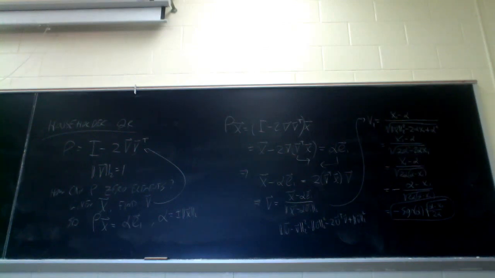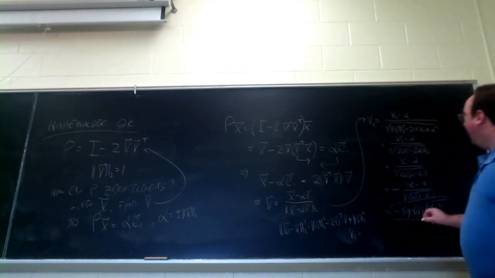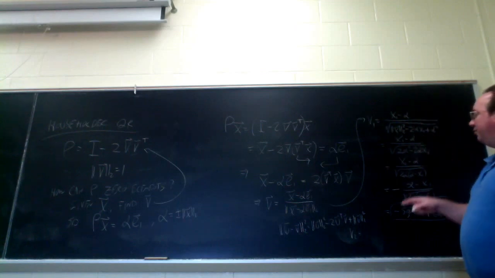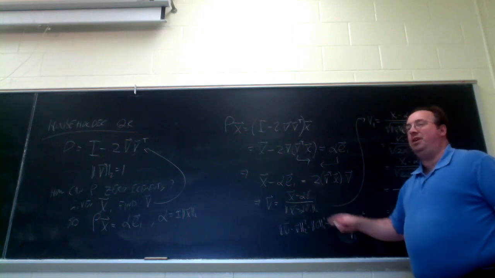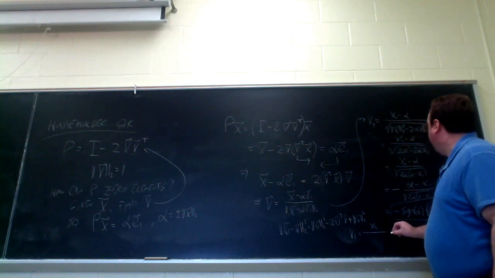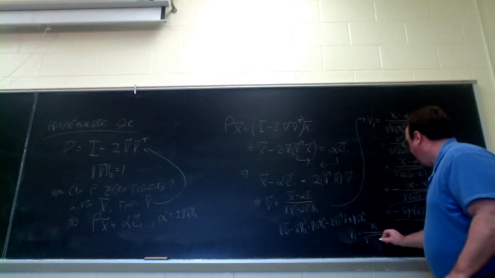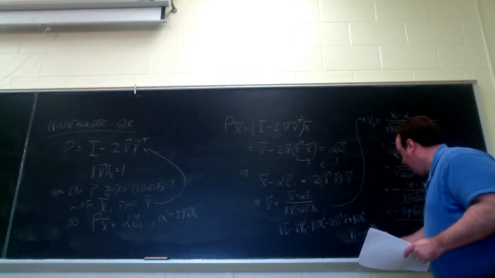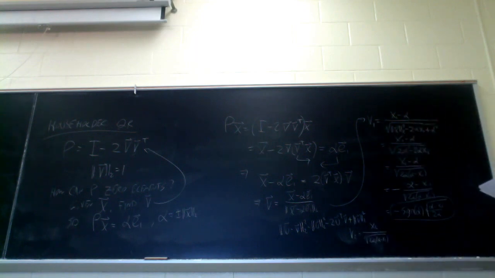And then all the other elements are going to have a very similar form to each other. So v2, for instance, I'm going to have just x2 up top because I'm subtracting off alpha e1, and all other components of alpha e1 are going to be 0. So I'm just going to have x2 over a denominator that is exactly the same, 2 alpha minus x1 under the square root.